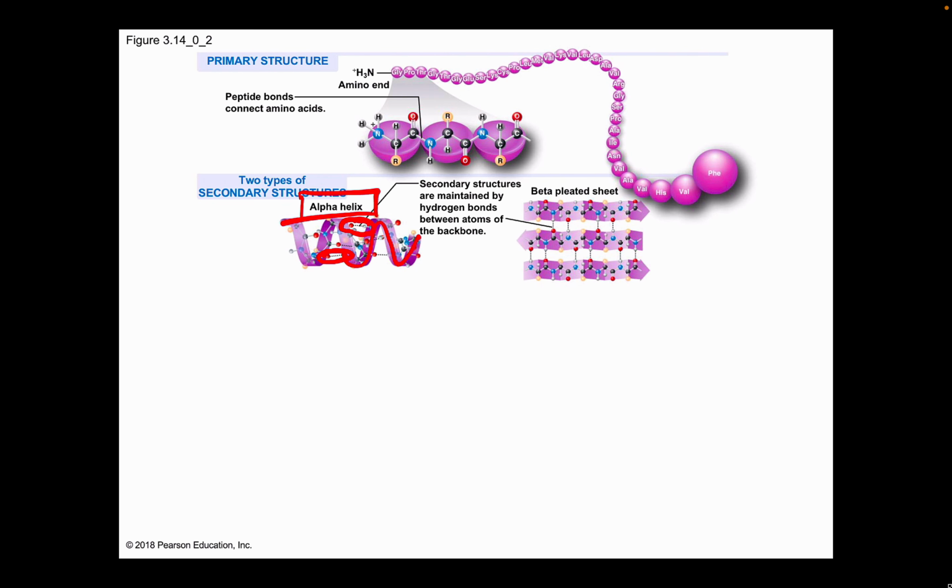That's just that kind of corkscrew shape, or something known as a beta pleated sheet, which is basically the chain of amino acids actually starting to fold in on itself. So if this is the beginning of the chain, this is the end of the chain, there are regions in that chain that are complementary enough that they'll actually create these folds that are held together by the hydrogen bonds.